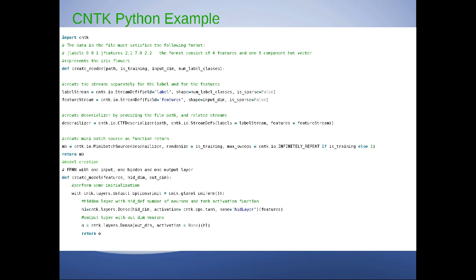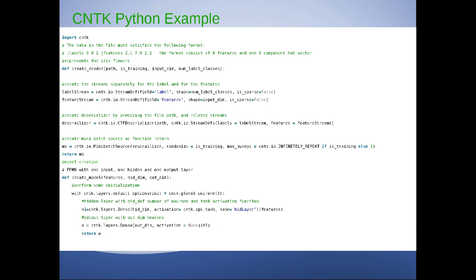Those two arguments are important in order to properly parse the file. The function first creates the two streams, which are passed as arguments in order to create the deserializer, and then for minibatch source creation, the function returns a MinibatchSource object, which the trainer uses for data handling.